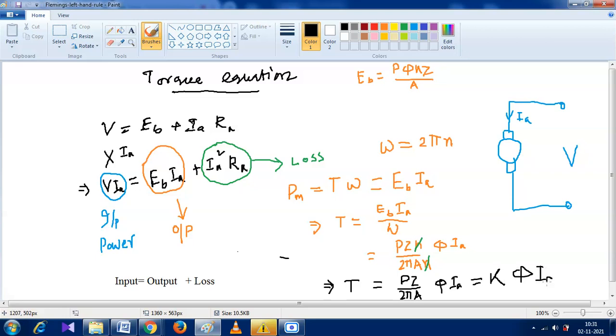Then what is the value of K? Yes sir, P Z by 2 pi A. Yes, P Z by 2 pi A. And T is equal to K phi Ia. This equation is called the torque equation.